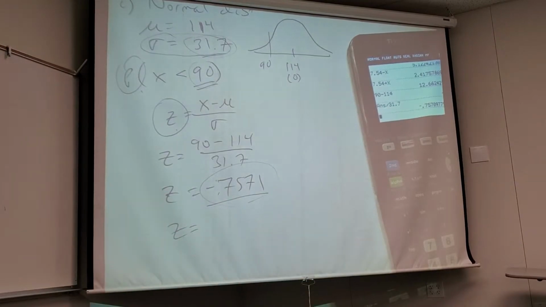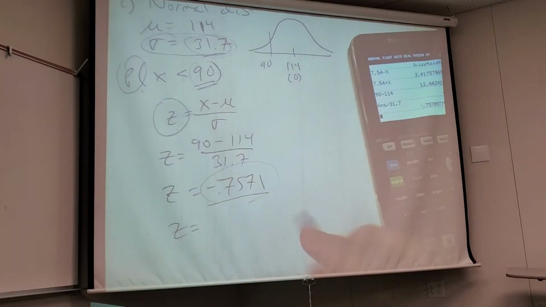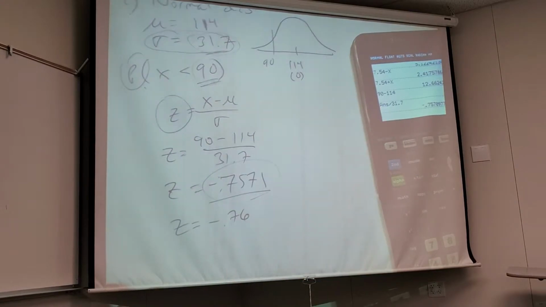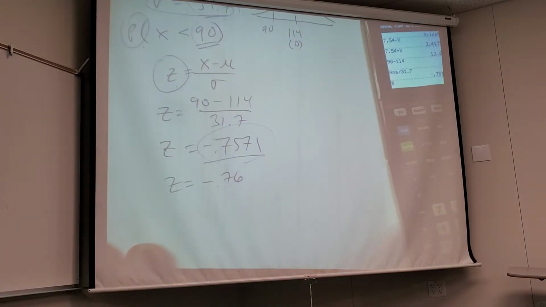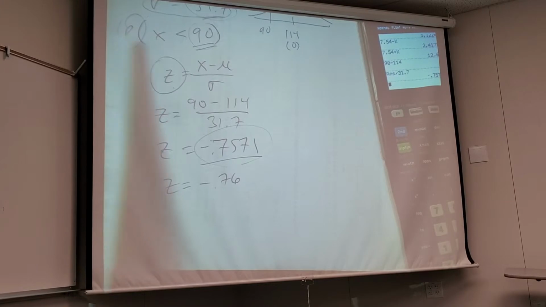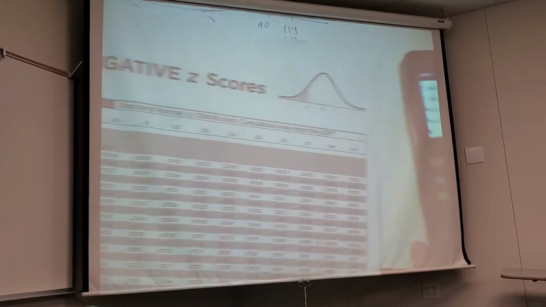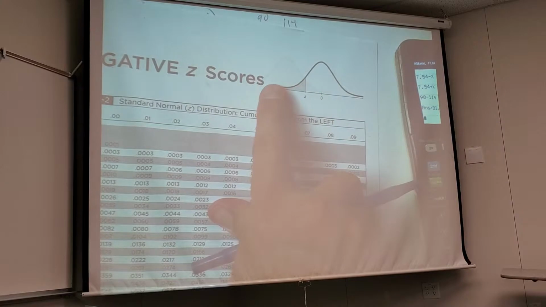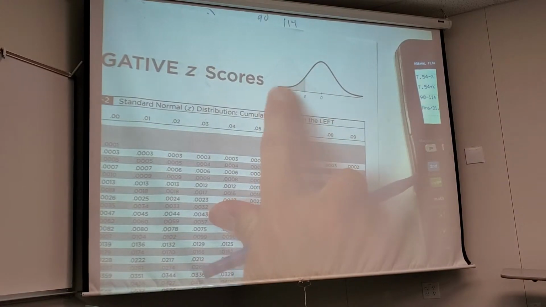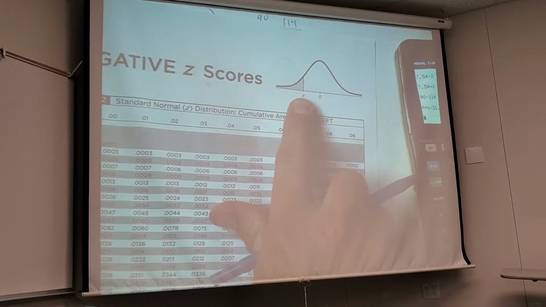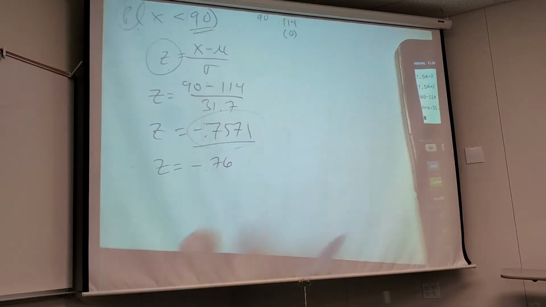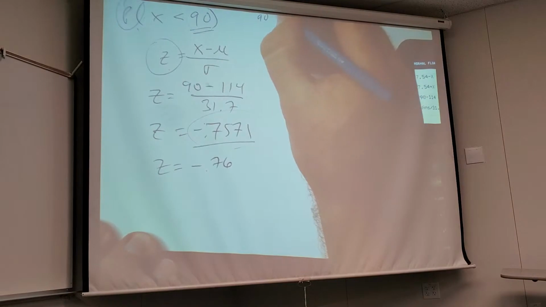Because I want to use the chart, and the chart only goes out to how many places? 2. And when I look that bad boy up, so for those of you who just got this chart, oh shit. This chart tells you the area, which is the same thing as the probability of something happening below that z-score. That's all it does. So thank God this question is all about less than 90.